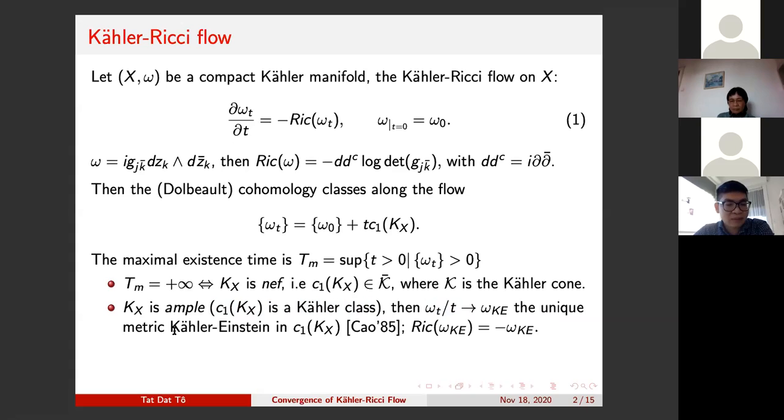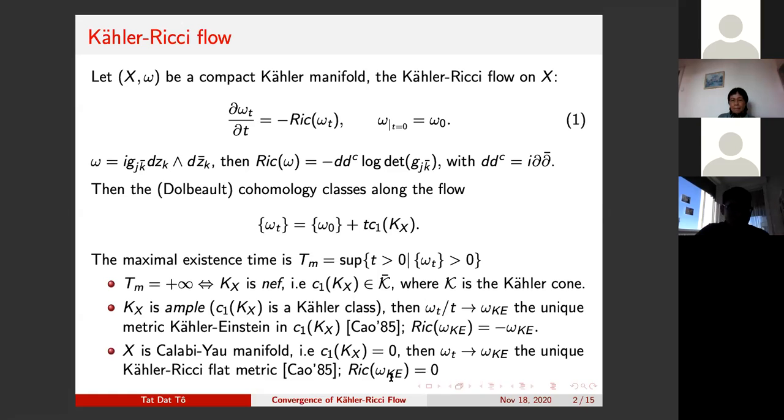Here I made some mistake: omega_KE is the unique Kähler-Einstein metric in c_1(K_X). That means Ricci(omega_KE) is equal to minus omega_KE. So it gives the existence of the Kähler-Einstein metric on a manifold with ample canonical line bundle.